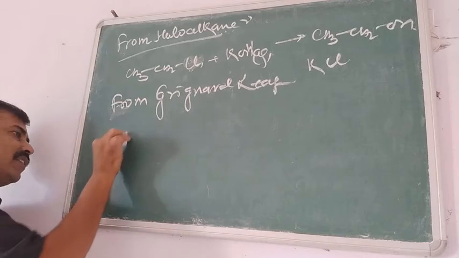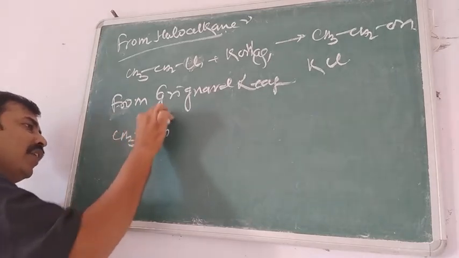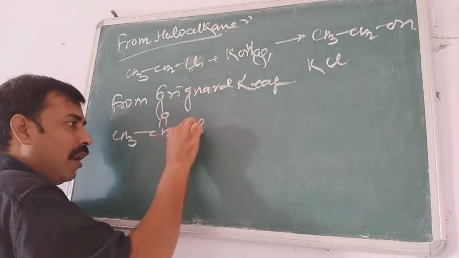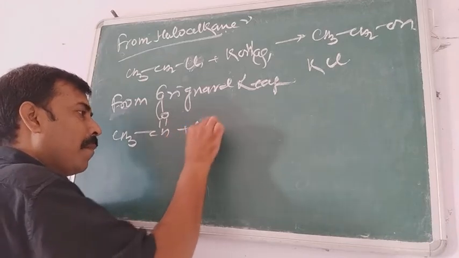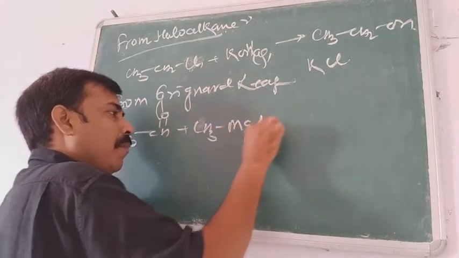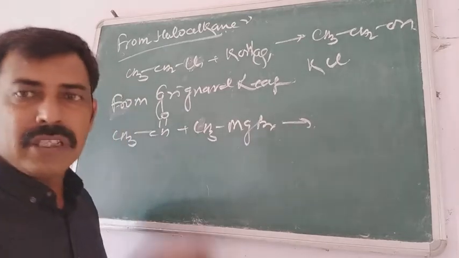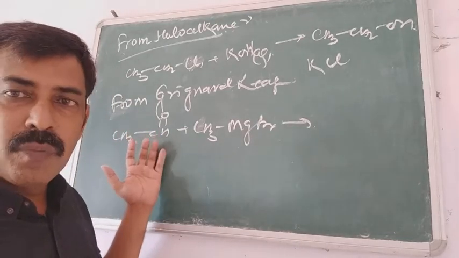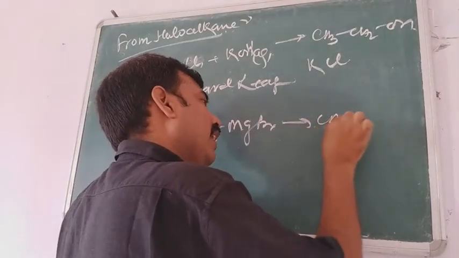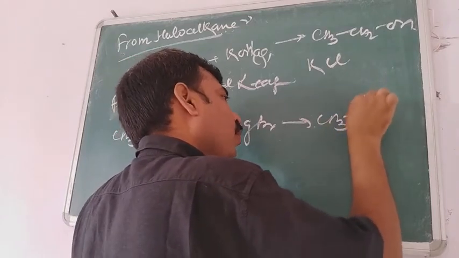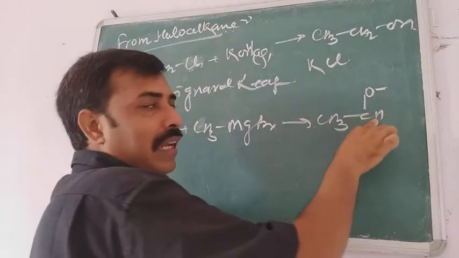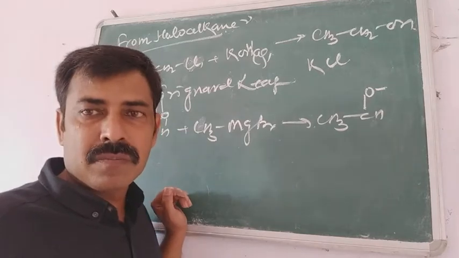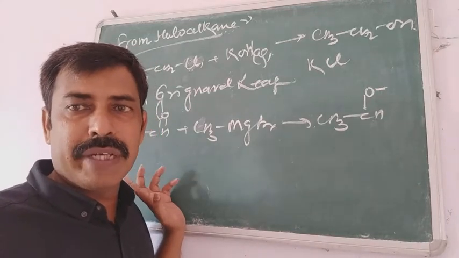This is CH3CH=O reacting with CH3MgBr. When the reaction takes place, this bond will break and form CH3CHO negative, and surely there will be a CH positive; a positive charge development will take place.